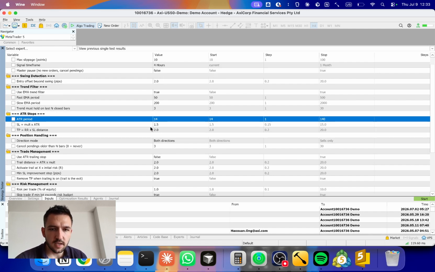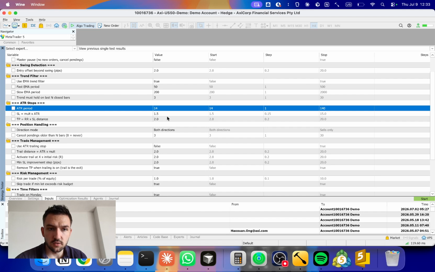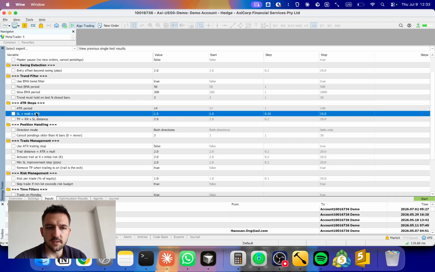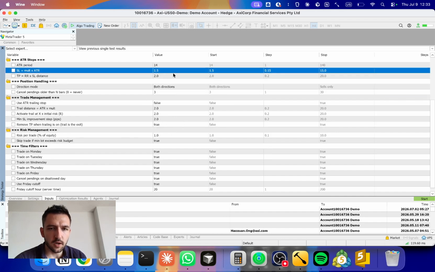What I would say is gonna be interesting to change is the stop loss multiplier for the ATR. So now it's gonna be 1.5 times the ATR value. You can change this to higher values or lower, but 1.5 is on the low end. And you can definitely try the trailing stop.